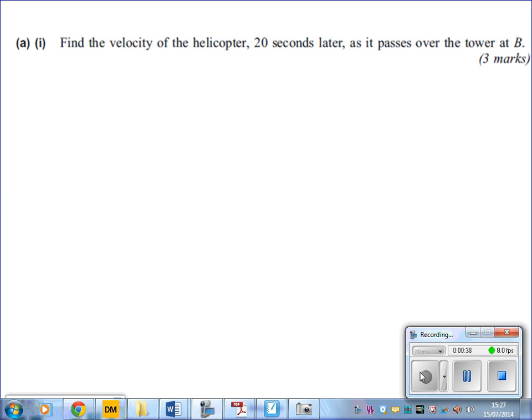Okay, so part A, the first part of 4a is: find the velocity of the helicopter 20 seconds later as it passes over tower B. Okay, first let's write down what we know. We know u is (4, 5) meters per second.